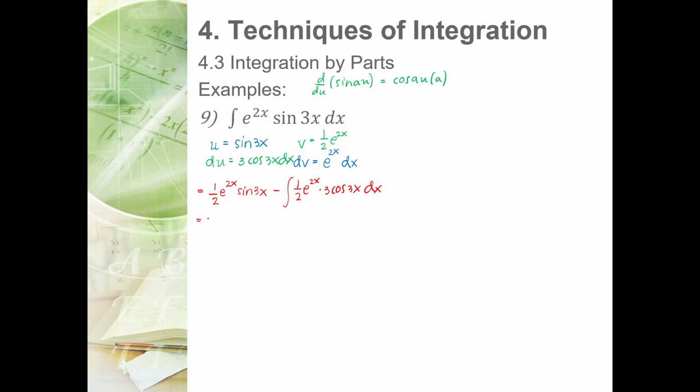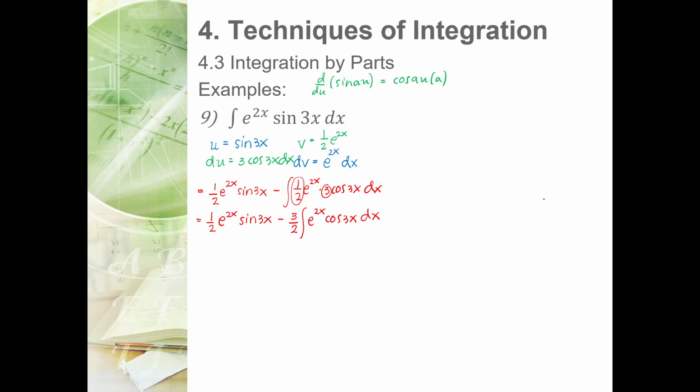Simplifying further, we have 1/2 e to the power of 2x sine 3x. So 1/2 times 3, taking out the constant immediately, that will be 3/2 integral of e to the power of 2x cosine 3x dx. Notice again that it's still exponential against trigonometric.